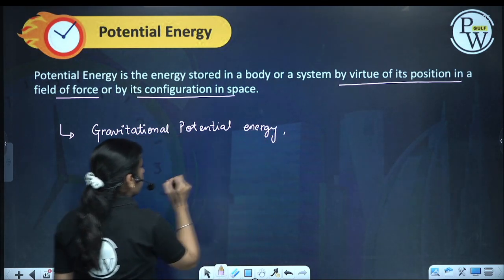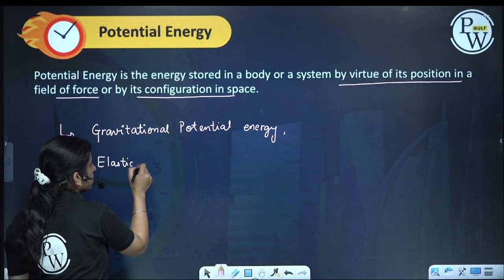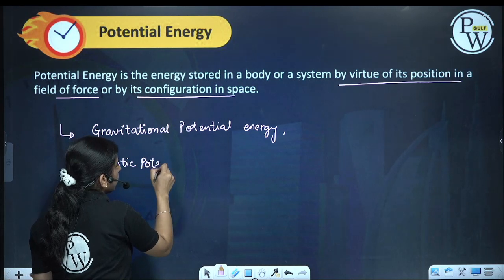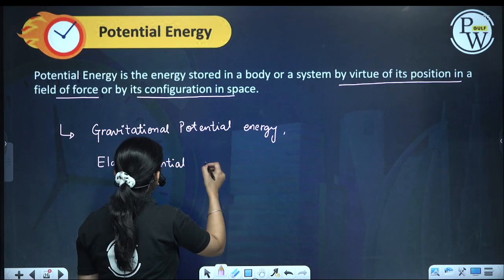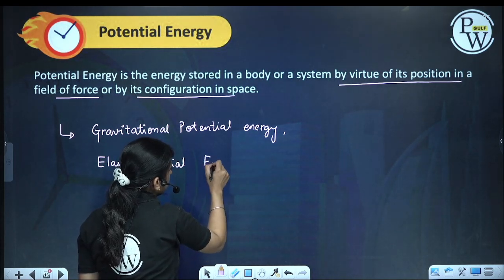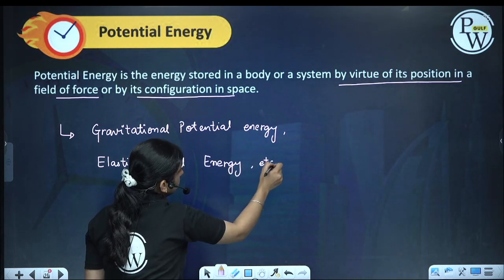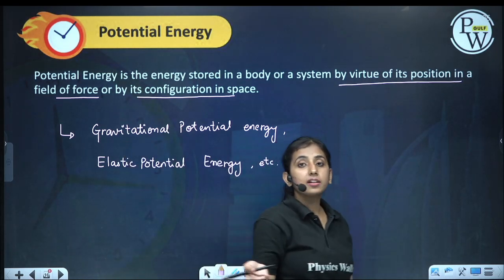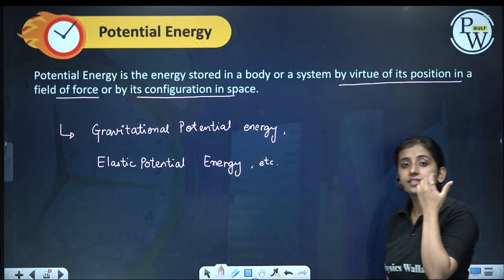Then elastic potential energy. Where can we get elastic potential energy? In a spring or stretched string. Then we have electrostatic potential energy. So these are types or examples of potential energy.